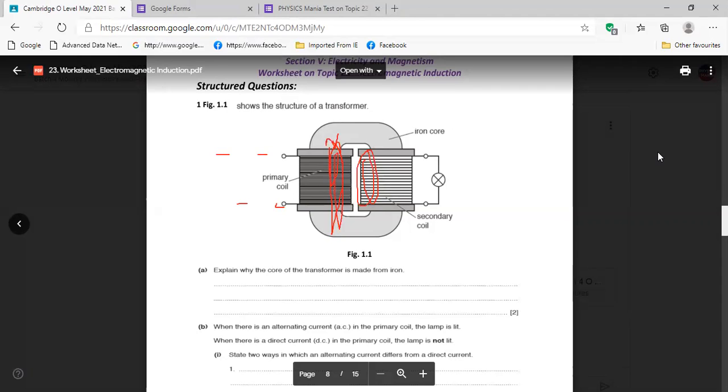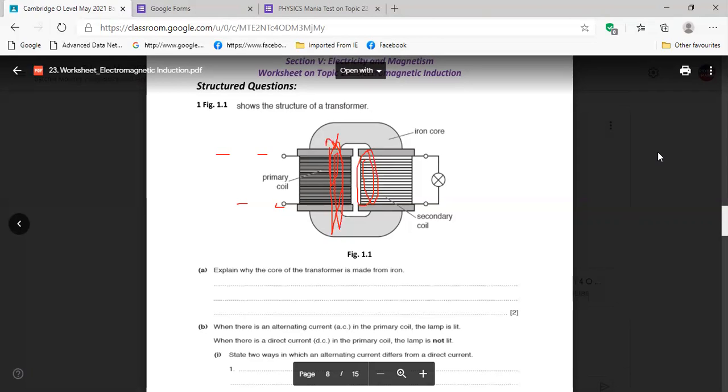And while the magnetic field lines are moving, those are being cut by the coil, which will not happen when there is a direct current, as the magnetic pole will not move, so the magnetic field lines. Yes. Okay, sir.